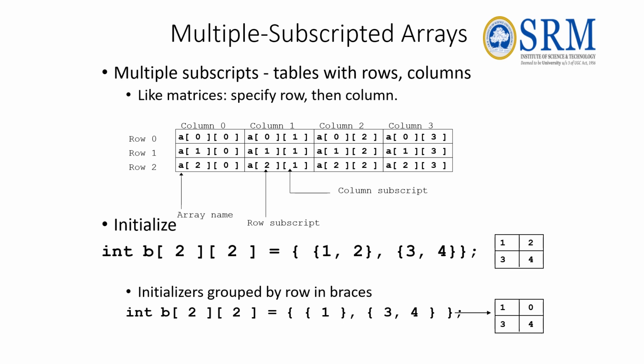Arrays with more than one dimension are generally called multi-dimensional arrays. Here the overall array has 3 rows and 4 columns. So this is how you work with multi-dimensional arrays.